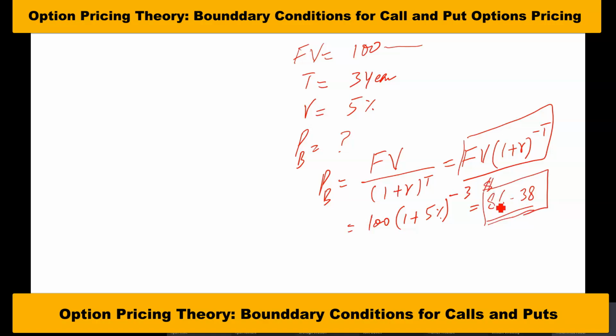So if I purchase this bond today for this price, and I keep it with myself for 3 years, in 3 years time I will receive no interest, and after 3 years the bond will be redeemed at 100 par value. So I invested $86.38, and I got back $100 after 3 years.